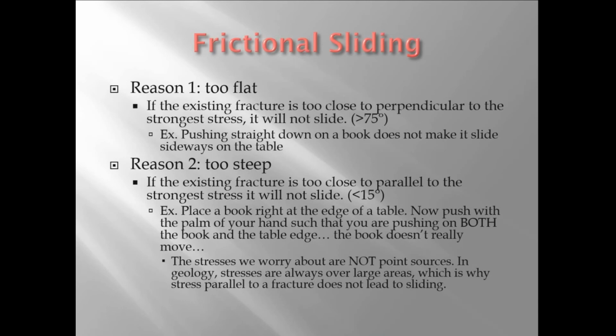If this is sitting here and I just try to walk up and push it like this, the whole thing either moves or doesn't move. If I put my palm on my hand and use the whole thing, and something's sitting here, it's not going to shear. Nothing really happens. You have to have some angle so that the force is on one fault block and not really on the other fault block, or in the opposite direction on the other fault block.